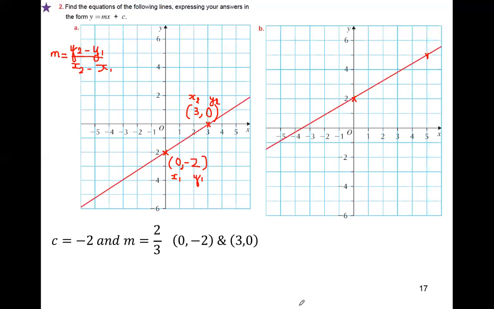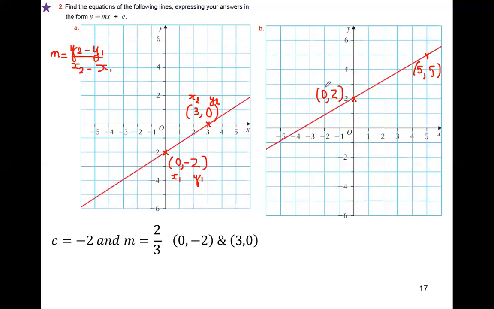For the second one, you just do something quite similar. Once again, you pick up a couple of points. So here I've got the point 5 in x, 5, and 5 in y. And the other point is 0 in x and 2 in y. So straight away, I can see what my y-intercept is going to be.